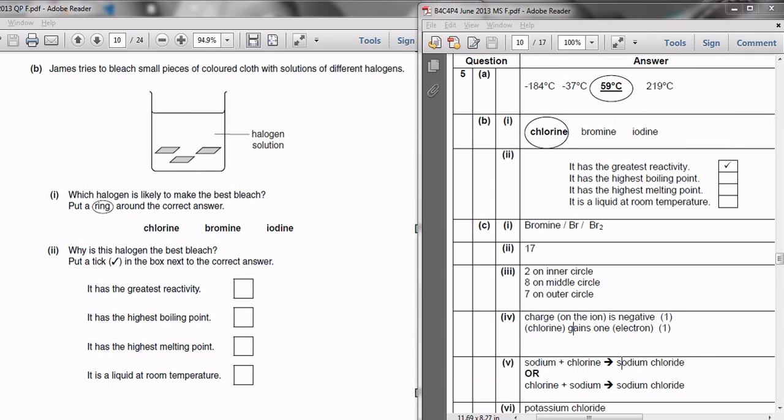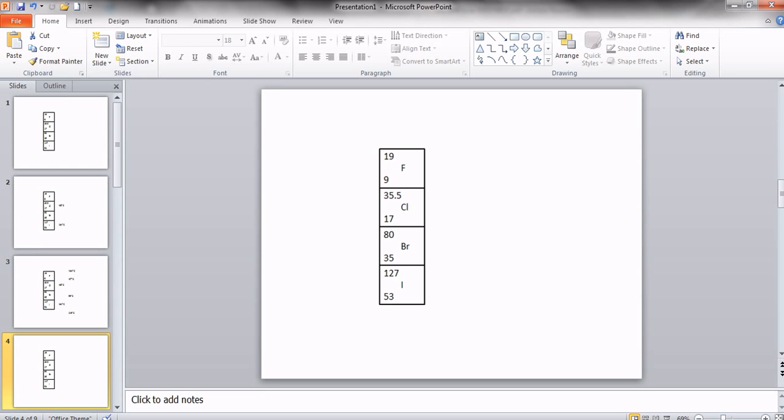Section B. James tries to bleach small pieces of coloured cloth with solutions of different halogens. Which halogen is likely to make the best bleach? And you've got options of chlorine, bromine and iodine. Okay, so for this you need to know the trend. So look back again at the periodic table.